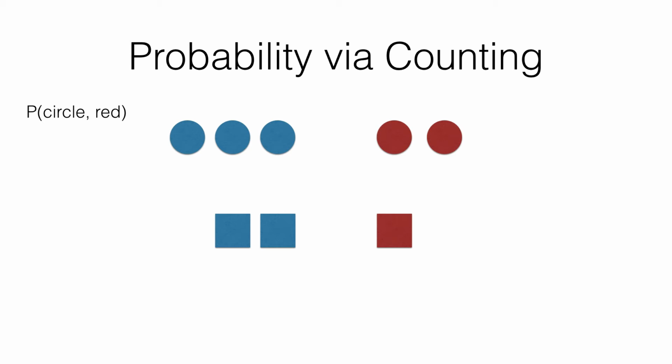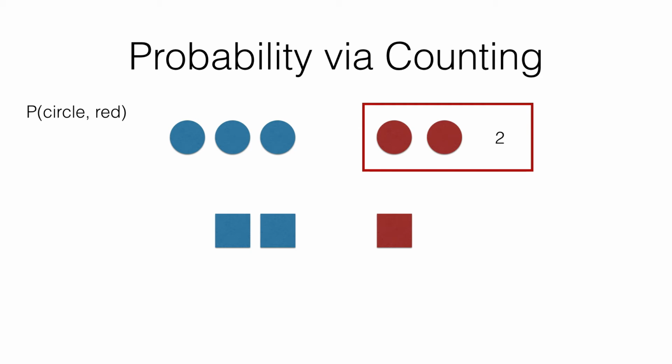Now, again, like I said before, the true probability is what happens if we have infinite samples, and we want to then count essentially what fraction of the infinite examples gives us this combination of circle and red. But in this case, we'll just look at the finite sample where these are the red circles, and there's 2 of them.